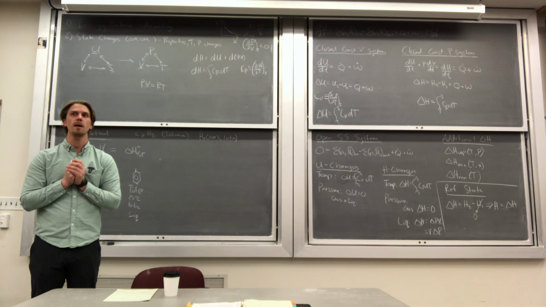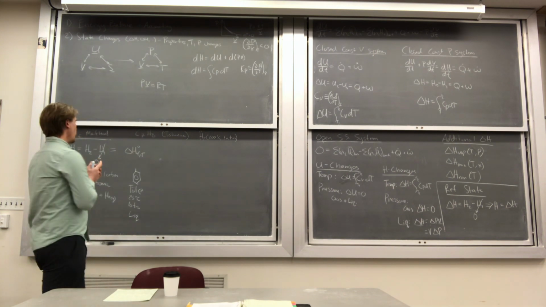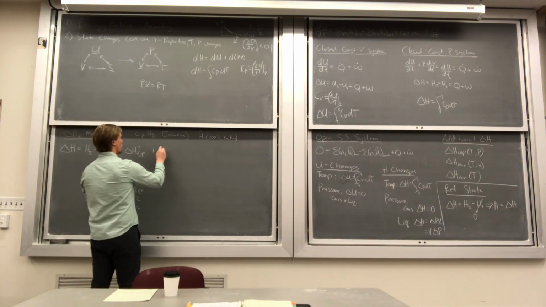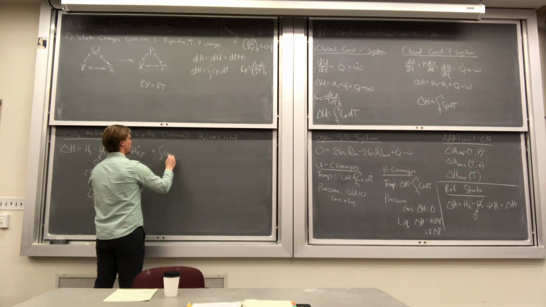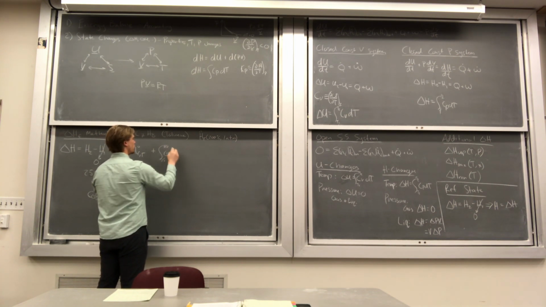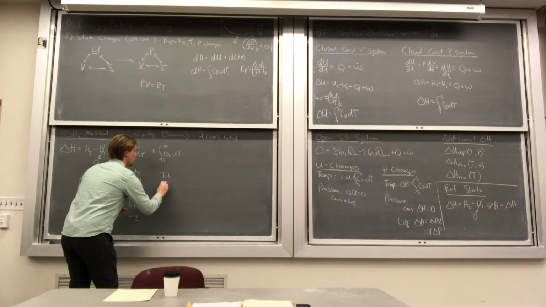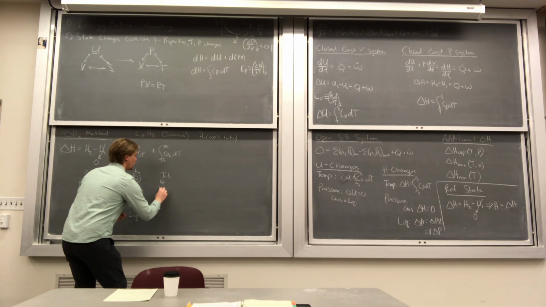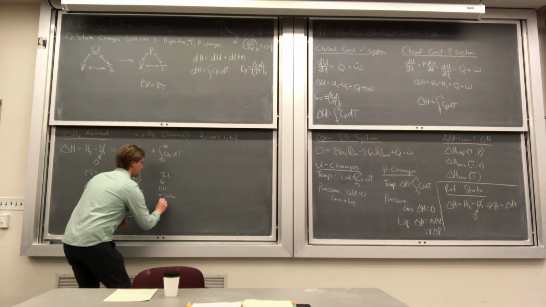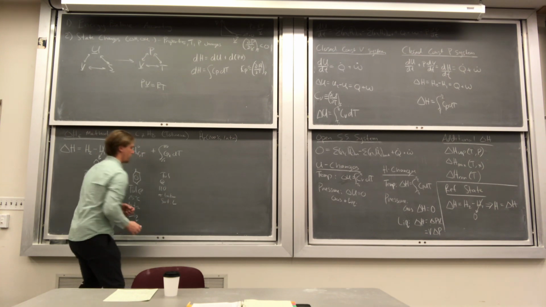So my next step is to heat it up: integral of the liquid heat capacity from 25 to 110, dT. Now I have toluene at 110 degrees C and 1 atmosphere, saturated liquid.